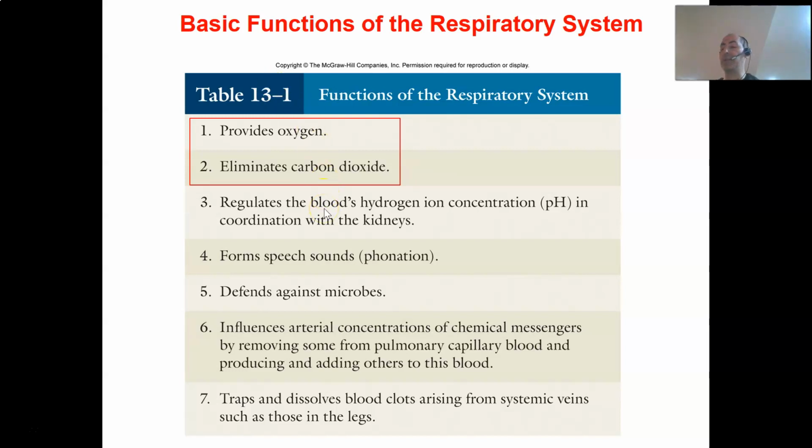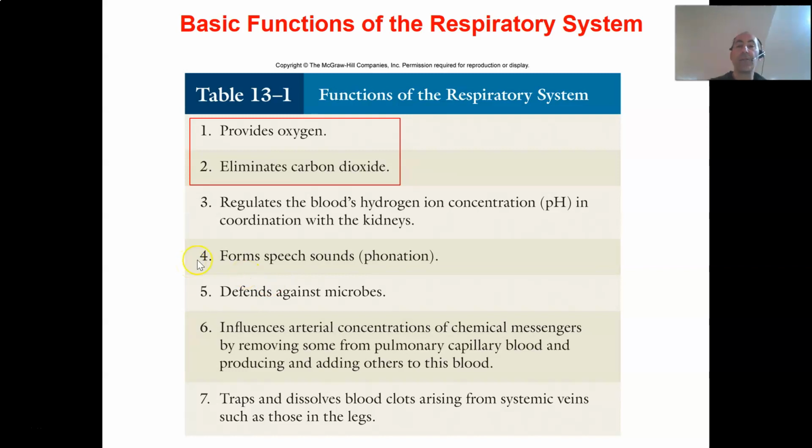So there are two systems that regulate pH in the body. The first line of defense is the respiratory system. That's your most immediate tool to regulate pH. And then the long-term system is the renal or the kidney system.